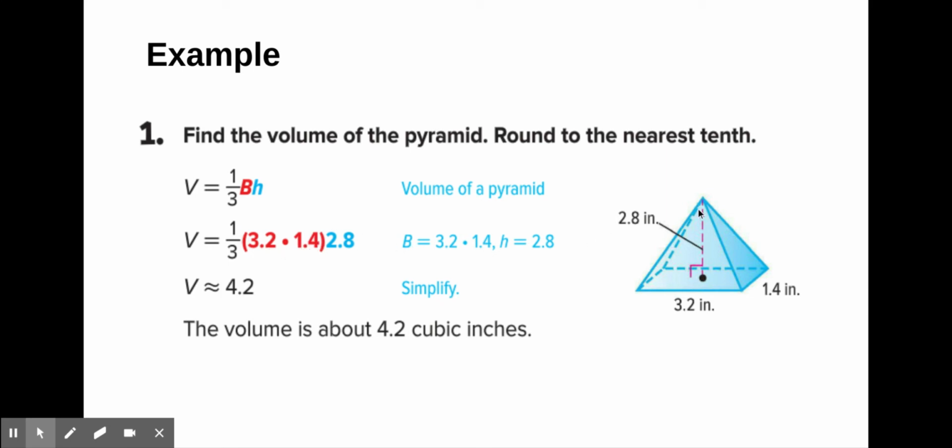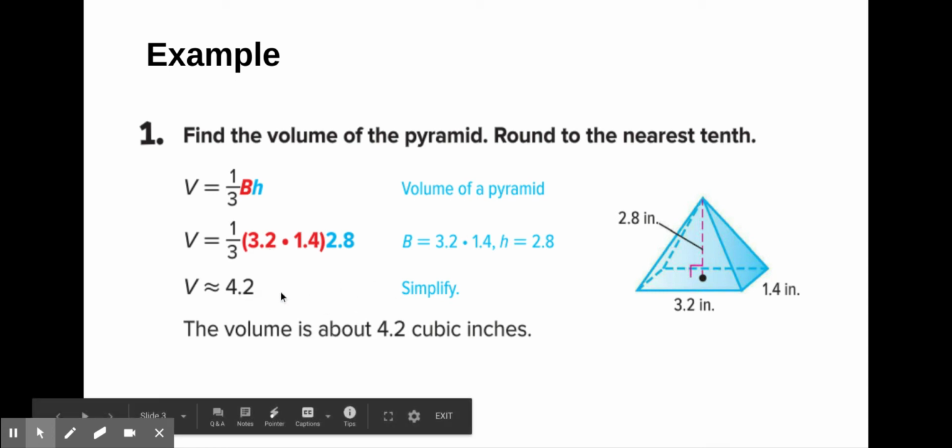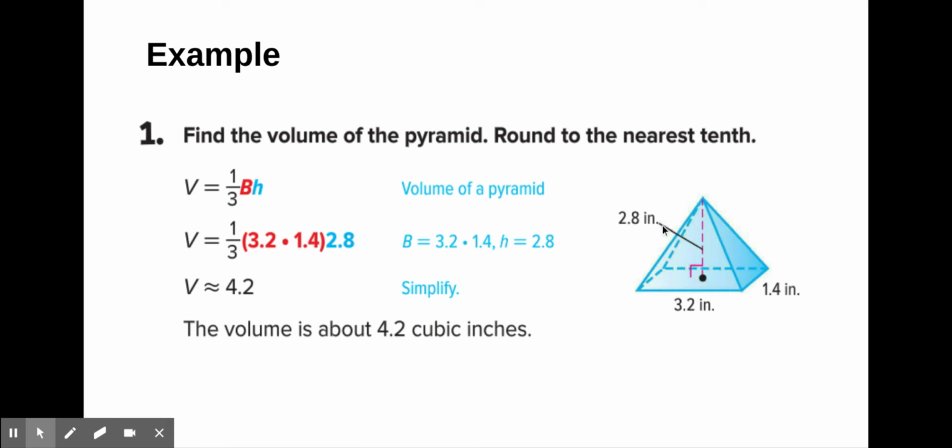Then we have a height of 2 8/10 inches. So we multiply this out, divide by 3, and you have about 4 2/10. But it's not just 4 2/10, it's 4 2/10 cubic inches, because it's all inches: inches times inches times inches.